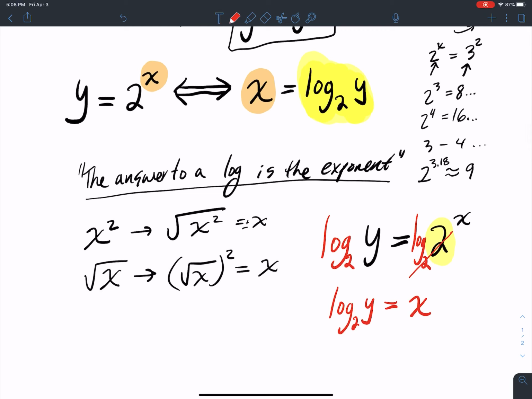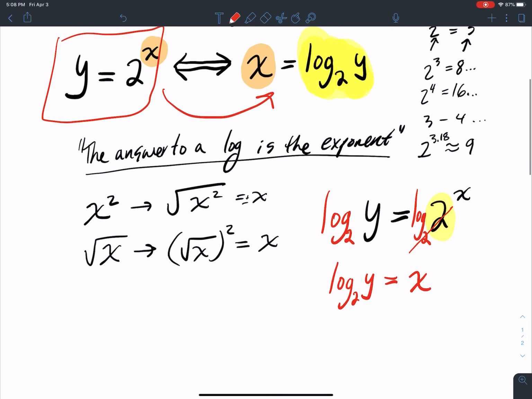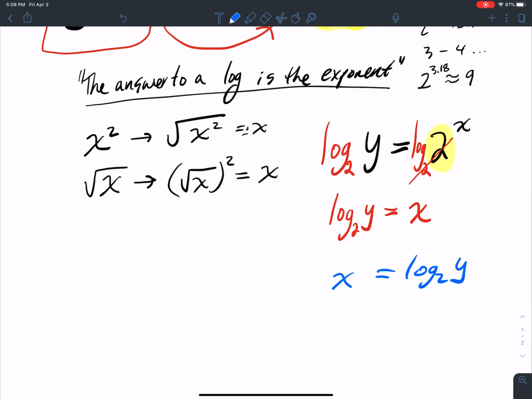So that's how we can go from this over here to that. Now, to get rid of a logarithm, say I started with x equals log base 2 of y. Say I wanted to get rid of that log base 2. Well, the way you get rid of a log base 2 is you raise both sides.